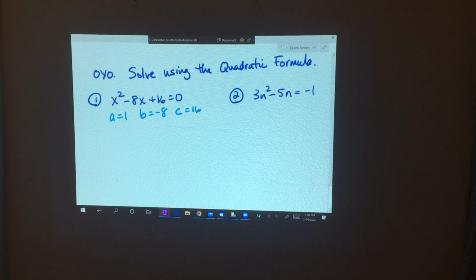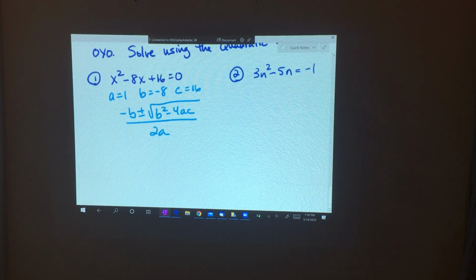Okay, so I'm going to have negative B plus or minus the square root of B squared minus 4AC over 2A. And there's my formula. So I'm going to have 8 plus or minus the square root of 8 squared minus 4 times 1 times 16 over 2 times 1.